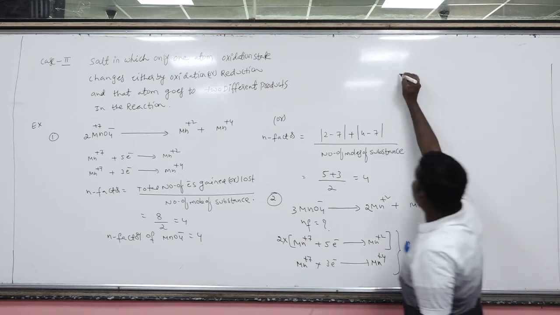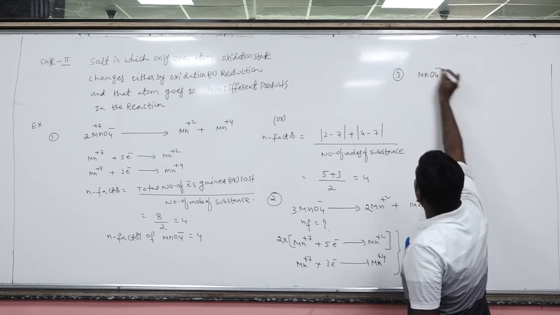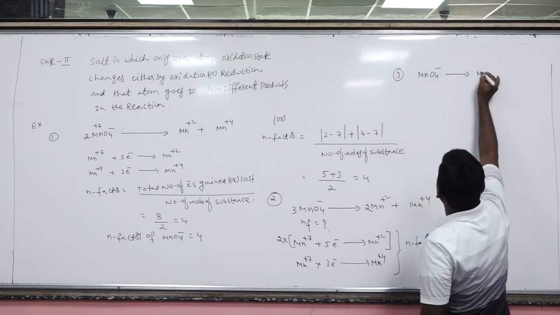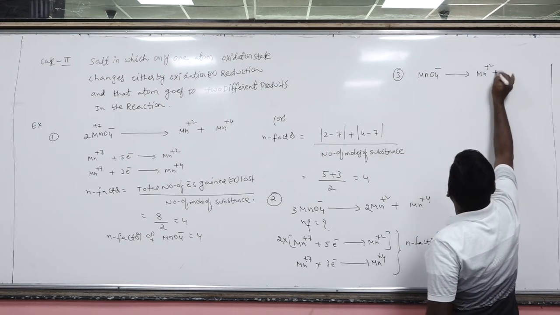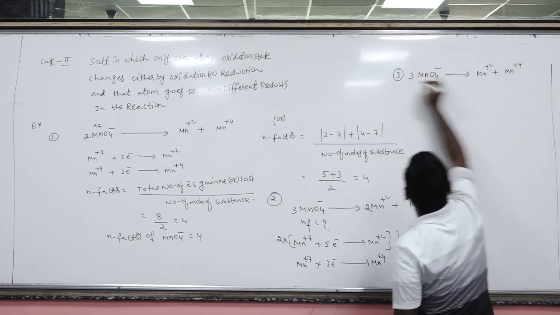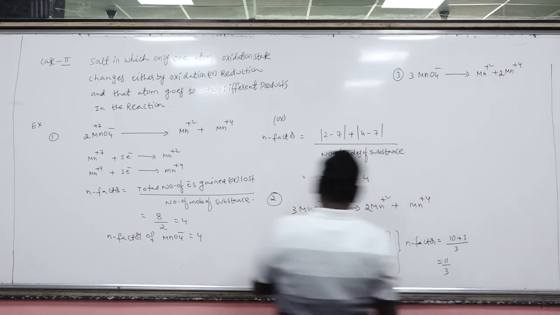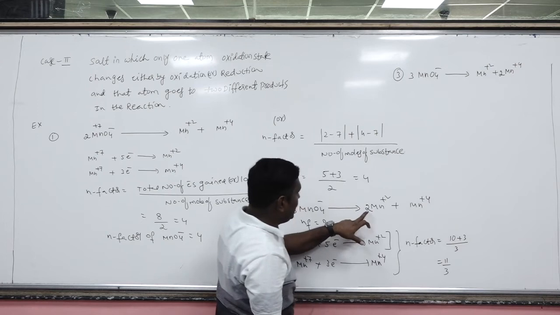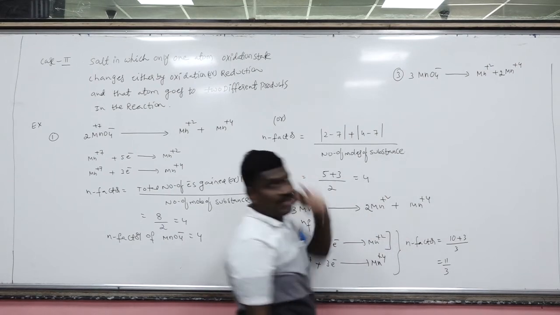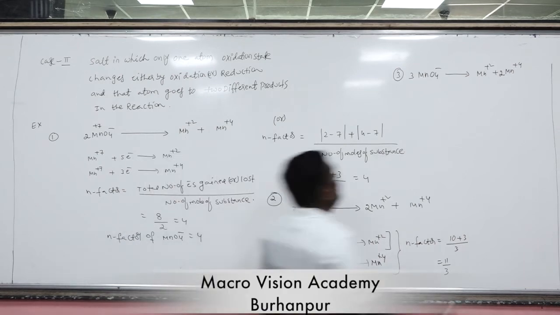Let's suppose one more example. This MnO4 minus, now this will be Mn+2 and this will be Mn+4. Let's suppose now I am writing 2 here. Remember, you may have one doubt, sir, where I have to write the stoichiometry 2, here or here. That will be given in the question. Now come to here.